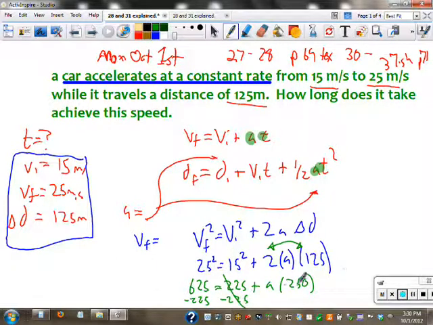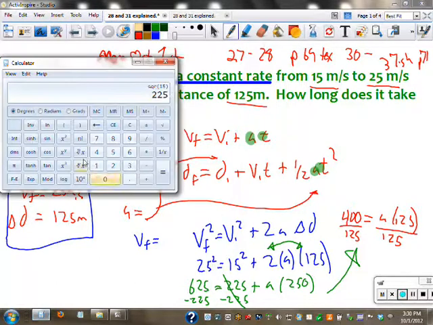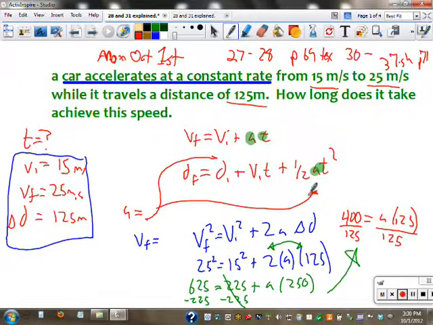So this is gone. And now moving up here, I'll do it in a different color now. Let's do red. 400 equals acceleration times 125. This is a times 125, so I want to do divided by 125. So 400 divided by 125 equals 3.2. So acceleration equals 3.2 meters per second squared.